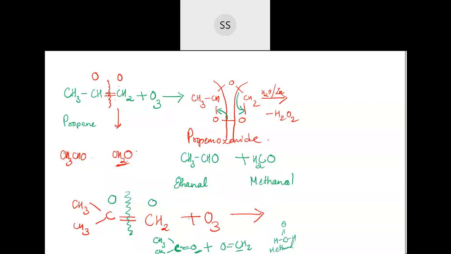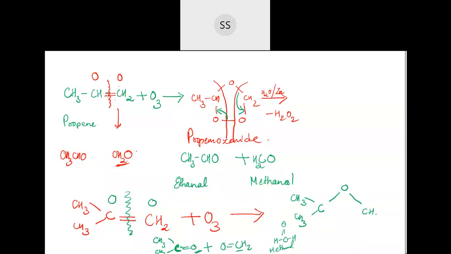If you want to do that ozonoid formation, then this is how you should do it. CH3 here, then here CH3. Okay, if they ask you to explain, you should explain in a correct way. If they directly ask you to complete the reaction, you can directly write this product. Okay, then here CH2, then oxygen here.